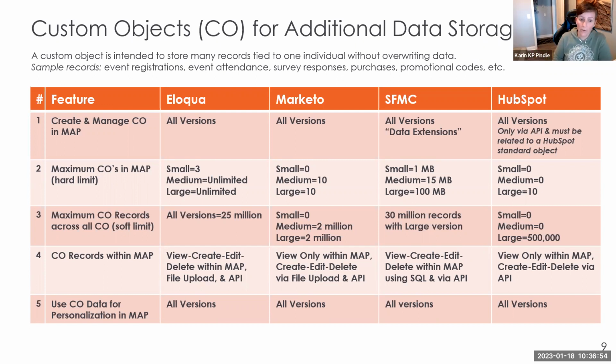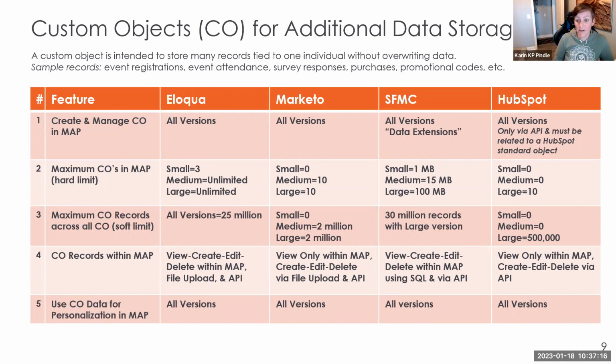Compare that to Eloqua, all versions of it, 25 million is the maximum number of records you could have in your custom objects. A record would be like the actual survey response, like Karin Pindle, she answered yes to question 1, no to question 2, happy to question 3, I don't know. That's an actual record, the survey response in my example prior.